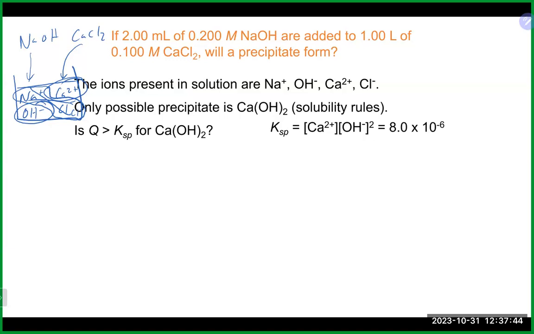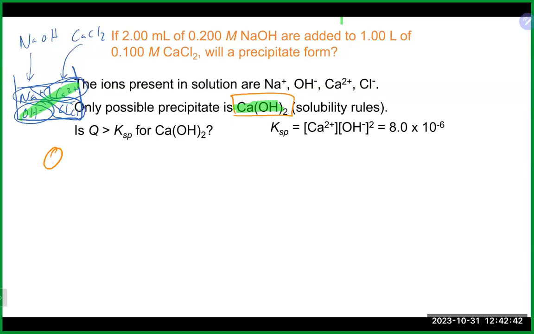So what you should do now is calculate Q for this and see if Q is greater than or less than the KSP that's given based on these conditions. So you're mixing 2 milliliters of sodium hydroxide at a molarity of 0.2 with 1 liter of 0.1 molar calcium chloride. So why don't you calculate Q and see what you come up with, and will you expect a precipitate in this case?